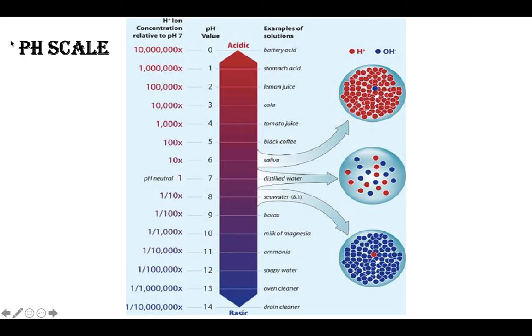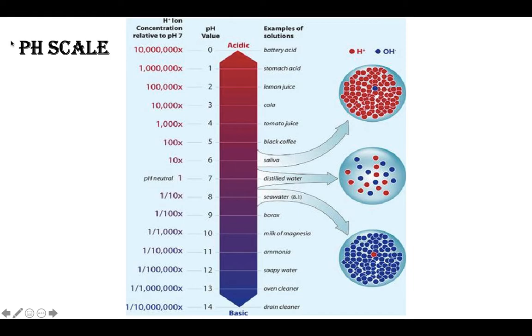The pH scale ranges from 0 to 14, with 0 being the most acidic and 14 being the most basic. This can be seen in the middle of this diagram, with the red parts being acidic and the blue or purple part being basic. If you look at the left-hand side of the scale, you will also be able to see that pH refers to the concentration of hydrogen ions that are contained in a substance.